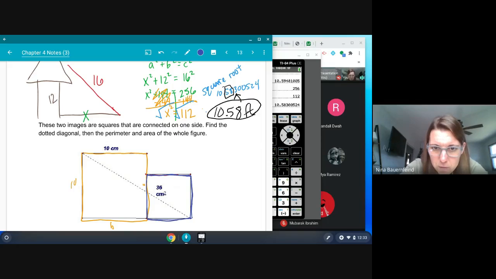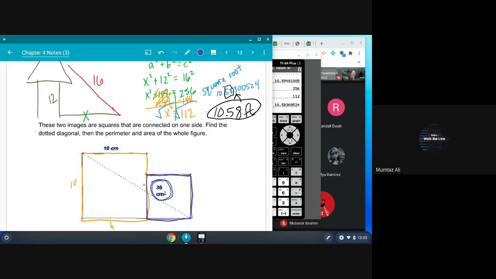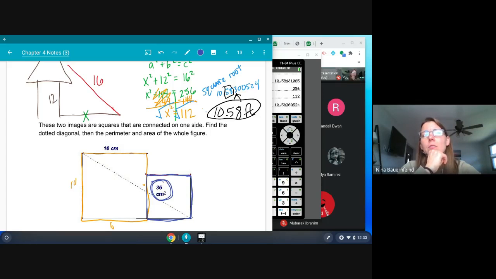Now, they gave us 36 centimeters squared. If it's centimeters squared, what does that mean? What is that number telling us? You know how we've been finding perimeter, length, area, all that type of stuff?